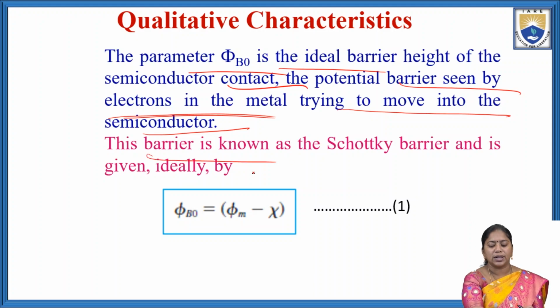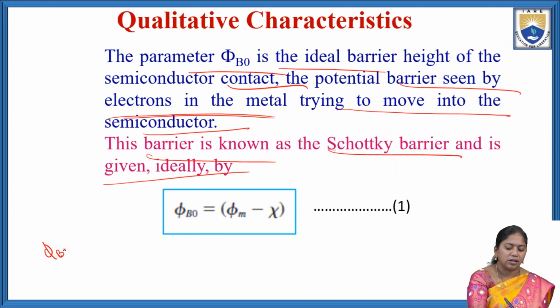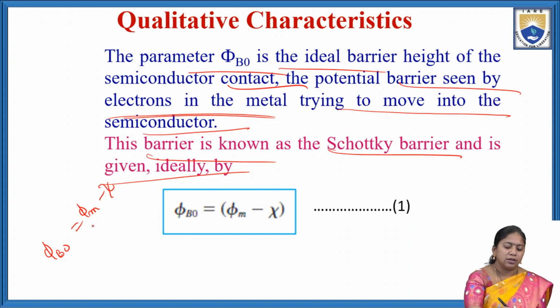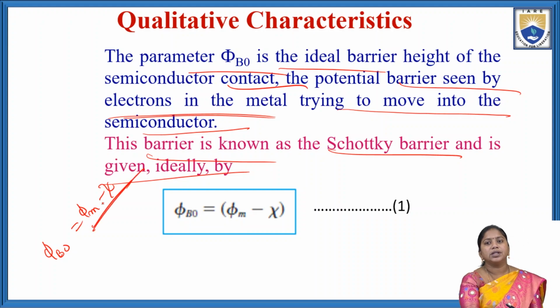This barrier is known as the Schottky barrier and is given by phi b naught equal to phi m minus chi. So the barrier height phi b naught is the difference between the metal work function and the electron affinity, where phi m is the metal work function and chi is the electron affinity. So this is equation 1.